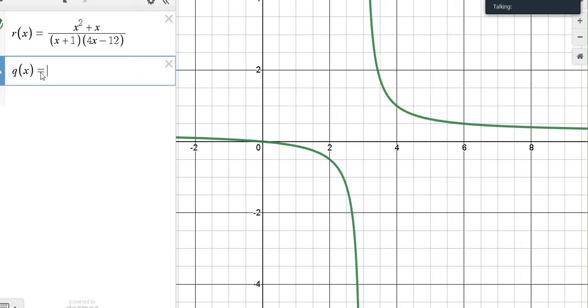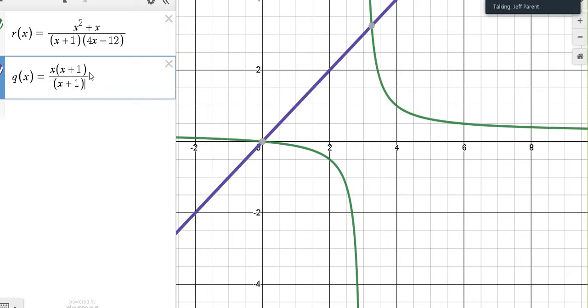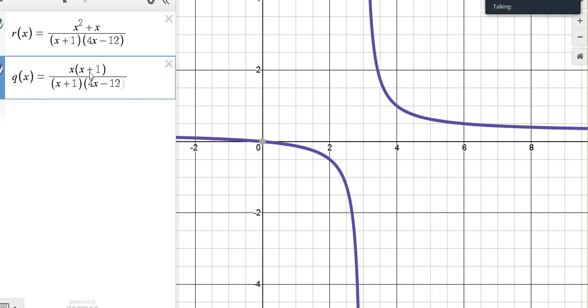I'm sorry. Q of x equals. Let's factor out that numerator, right? It's x times (x plus 1) divided by (x plus 1) times (4x minus 12). So that's the same graph, right? I just factored it. But other than x equal negative 1, these terms cancel, right?